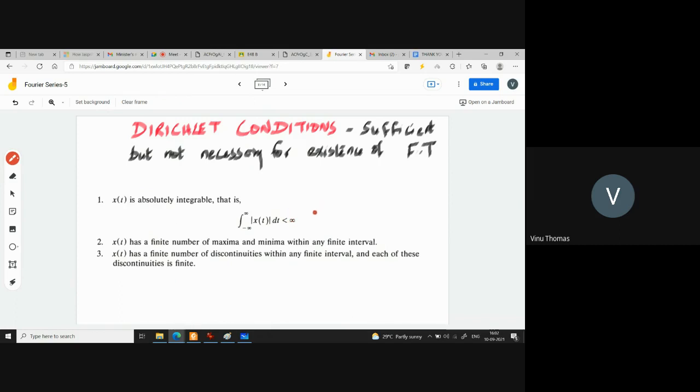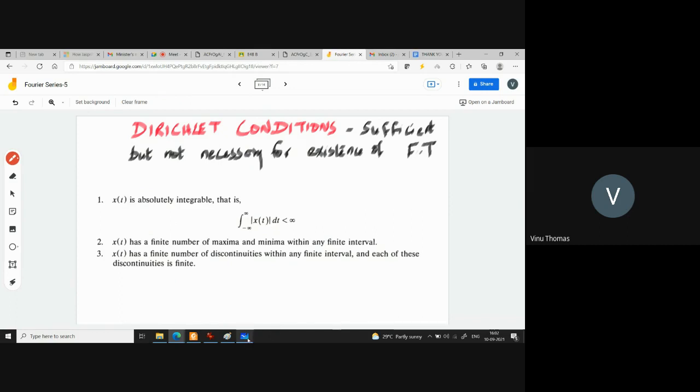Mind you, this does not mean that x of t has to be finite duration. It is obvious that when x of t is of finite duration, then the signal is absolutely integrable. But there are cases where x of t is not of finite duration and is absolutely integrable.